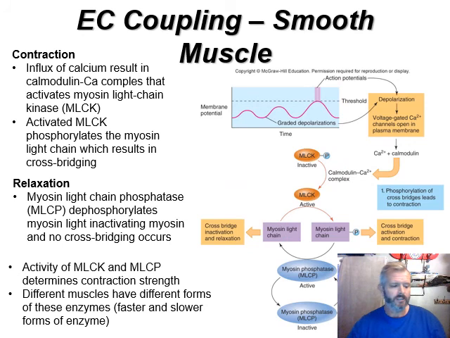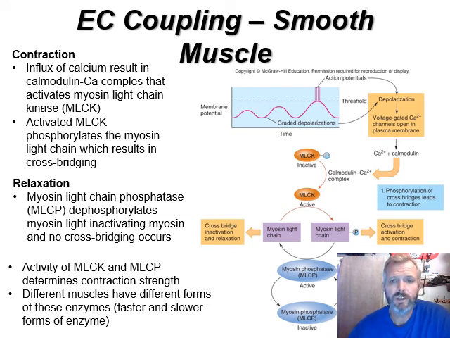But once I have my muscle cells activated, let's look at the EC coupling. And this is where it gets a little bit, or a lot, different from that of the skeletal muscle and the cardiac muscle. Remember, the cardiac and skeletal muscles are controlled by troponin and tropomyosin. The EC coupling in smooth muscle: there is no troponin and tropomyosin, so there is no binding of calcium to troponin.